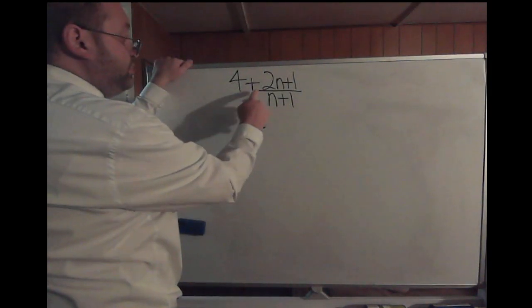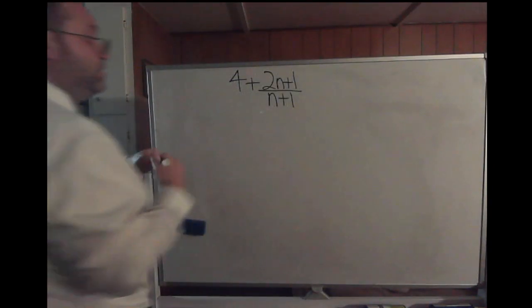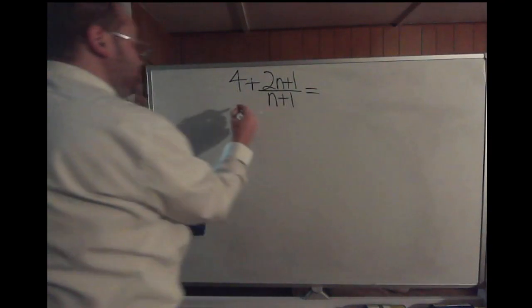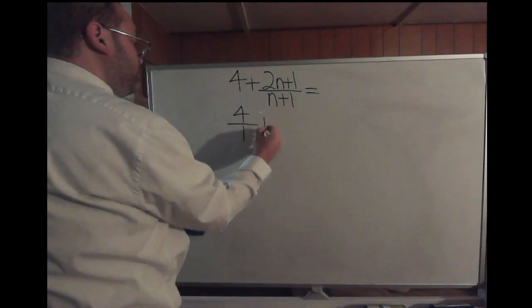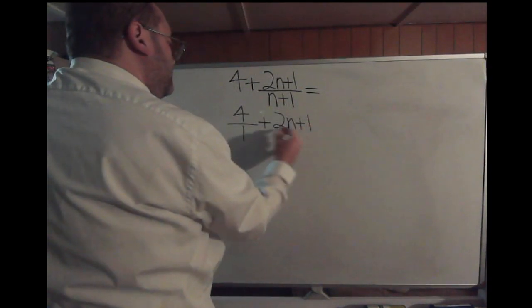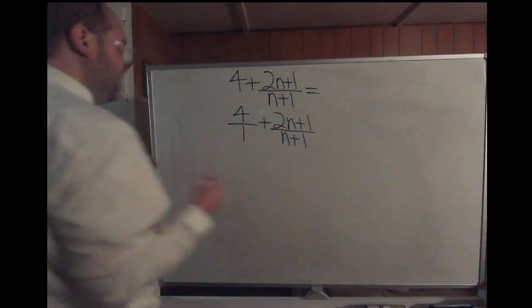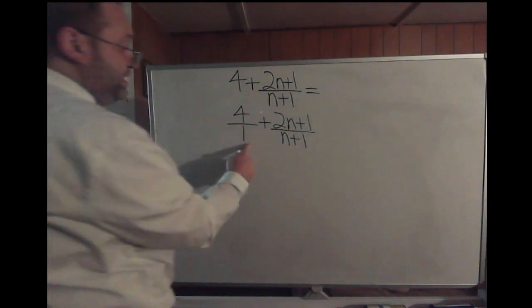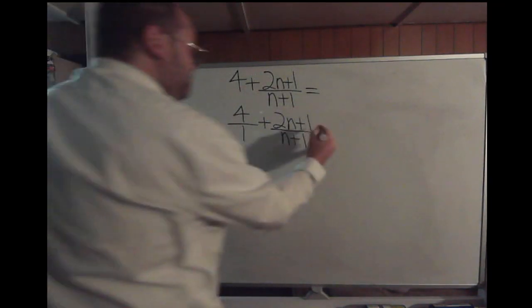We have 4 plus 2n plus 1 all over n plus 1. Well, that 4 has a denominator of 1, so let's work from there. So you have 4 over 1 plus 2n plus 1 all over n plus 1. Well, least common denominator of 1 and n plus 1 is in fact going to be n plus 1.